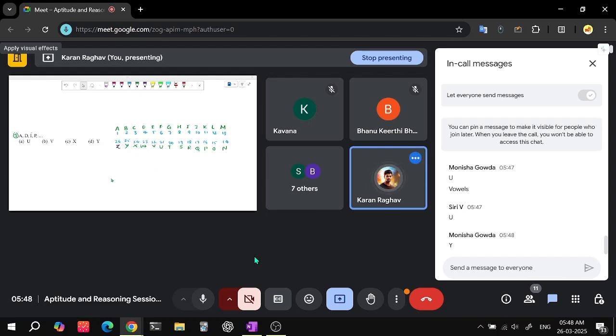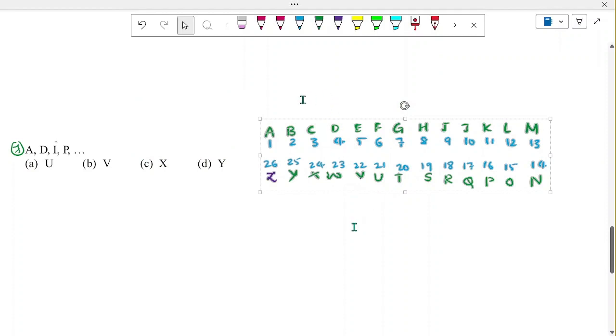Just observe. I'll give a hint. Okay. Somebody says Y. Monisha, right? Okay. Bhanu says Y. How? How will it be Y? What is the logic you have used? Yes. Square numbers. We'll check.